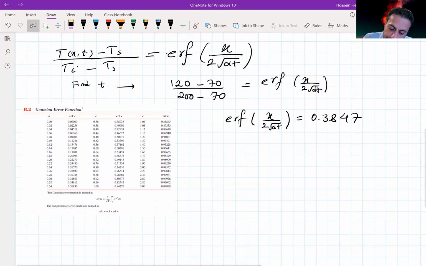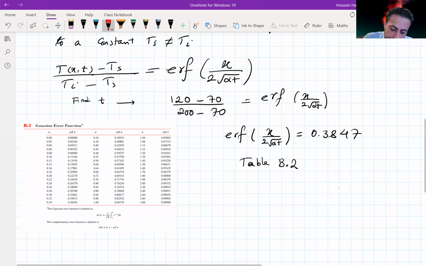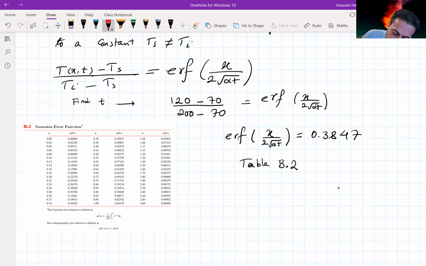Now in table B2 that I brought here, in order to have this error function 0.3847, this is 0.3823, and this is 0.3936, so it's going to be between the two.